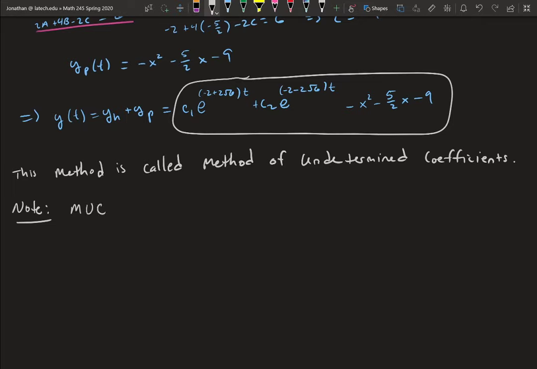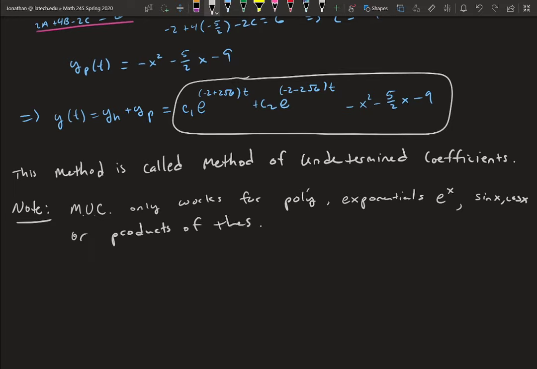Method of undetermined coefficients, we'll call it MUC, only works for polynomials, exponentials, e to the x, and sine or cosine, or products of these. So we can only use this method for polynomials, exponentials, and sine or cosine.